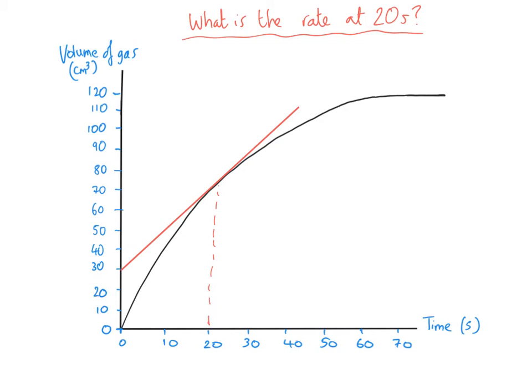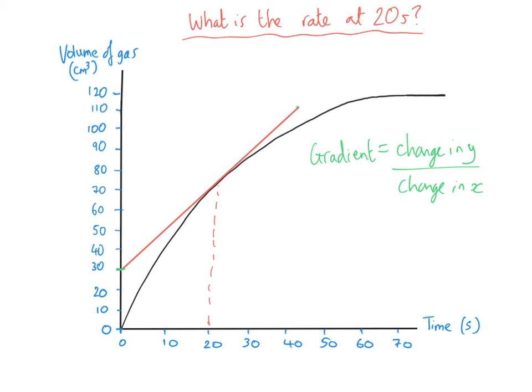So the tangent, importantly, is a straight line, and so for a straight line, you can work out its gradient by working out what the change in y is, and dividing it by the change in x. And so that means you need to find out where your tangent is with respect to both axes at the beginning and at the end.